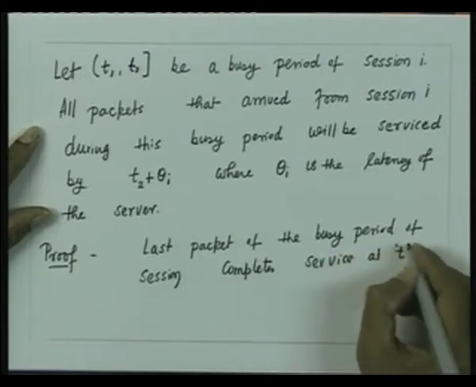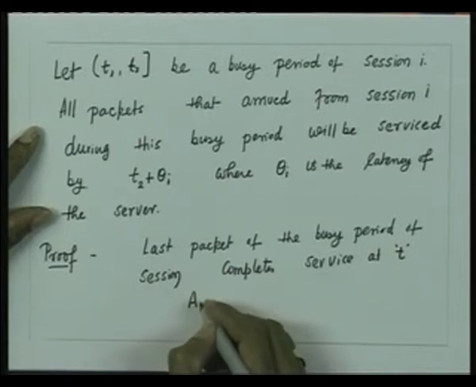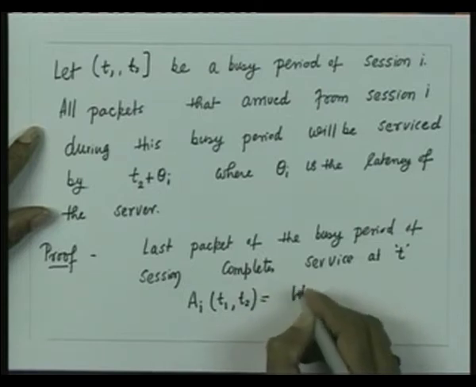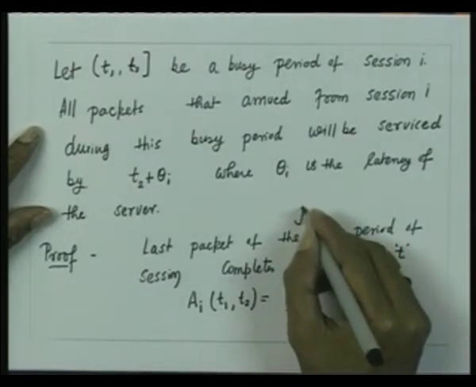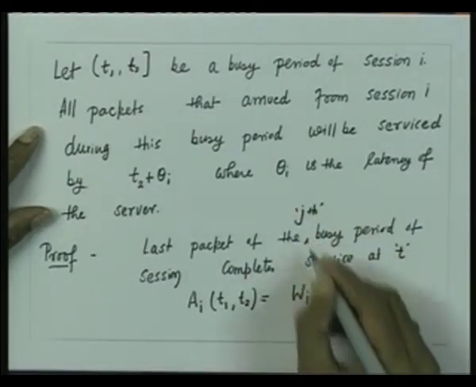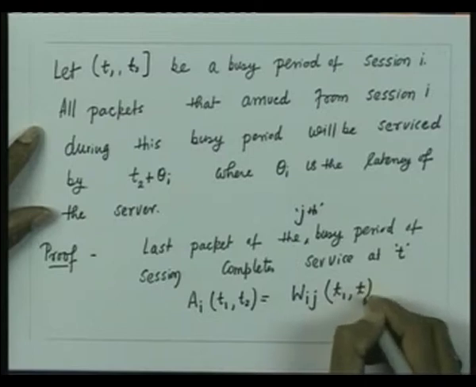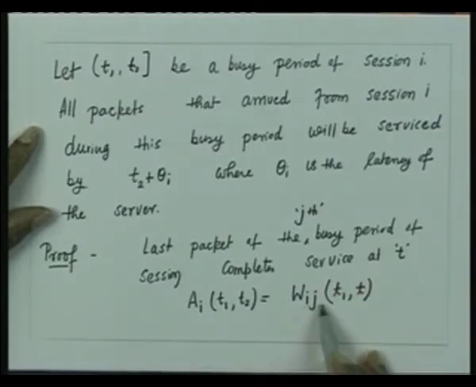at time t. Then it is clear that the amount of traffic which came during T1 to T2, that is equal to Wij, and let us say that this is the jth busy period. Wij T1 to T, right? Because by definition Wij denotes the amount of service received by session I during the jth busy period for all that traffic which arrived during this jth busy period.